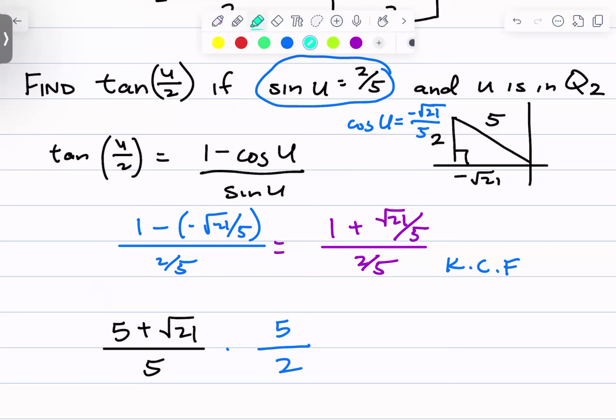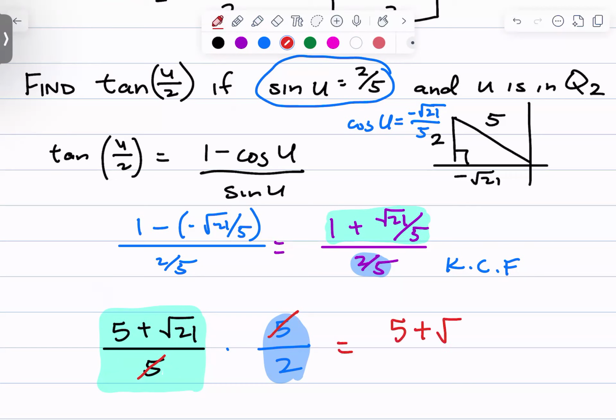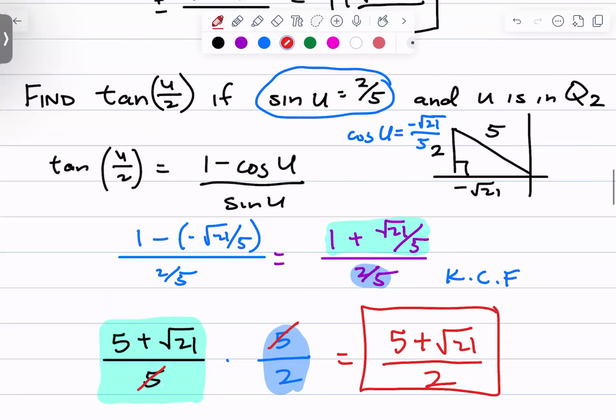Yeah. So here, this guy right here, my numerator, became the whole thing here. Right? And then I keep, change, flipped this guy to be multiplied by 5 halves. And then here we get the 5s to cancel out. So we have 5 plus square root of 21 over 2. And that's it.